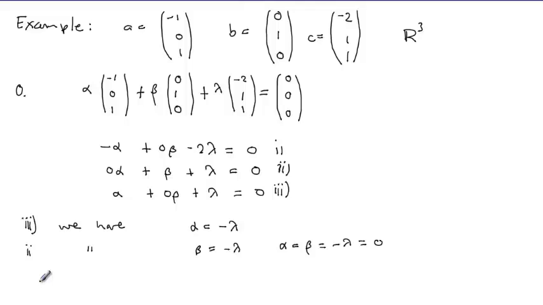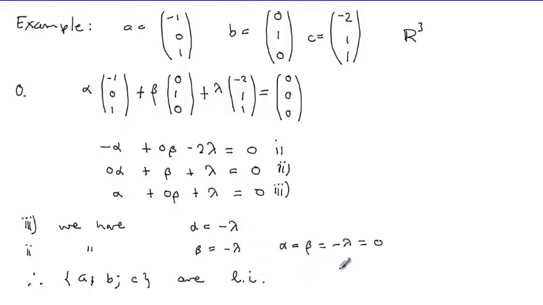So we can now say, therefore, the vectors A, B, and C are linear independent.